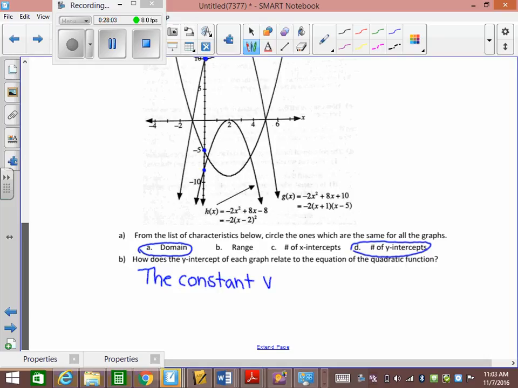The constant value, the one without a variable, is the y-intercept.